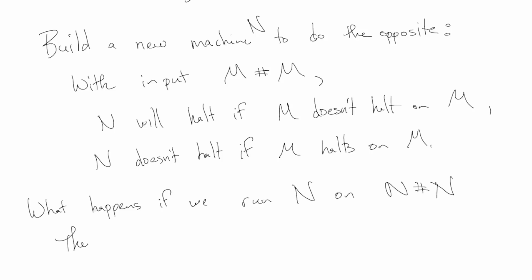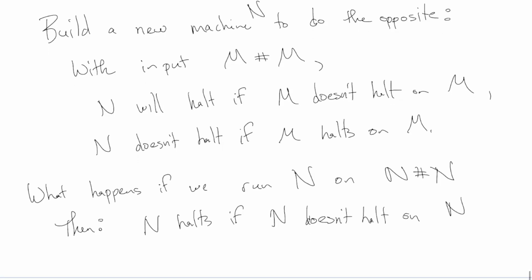So then, the first line says N halts if N doesn't halt on N. I'm just plugging in N. And the second line says N doesn't halt if N halts on N. How do you like that?